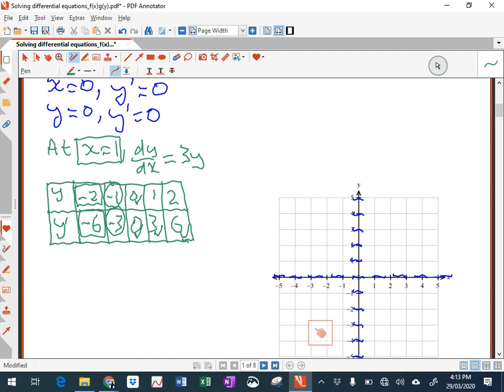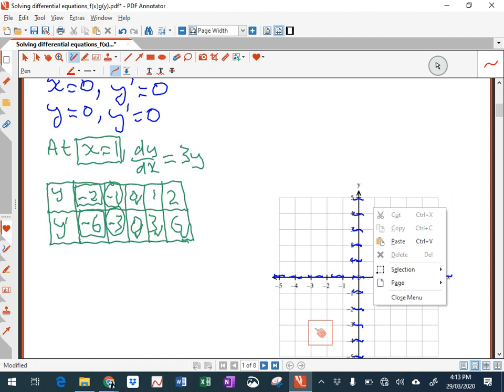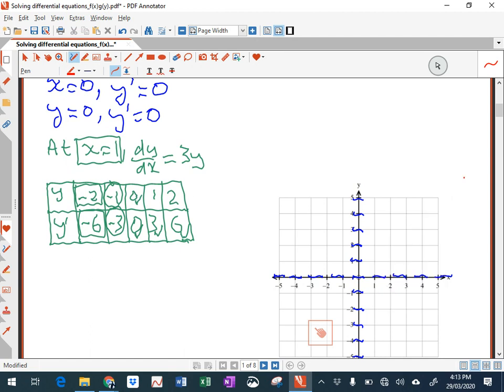Let me change colours here. At this point, I'm going to draw a little negative gradient, and the gradient will be -6. Now you just have to estimate this, so let's say this is fairly steep. There's a little gradient; we'll call that -6.